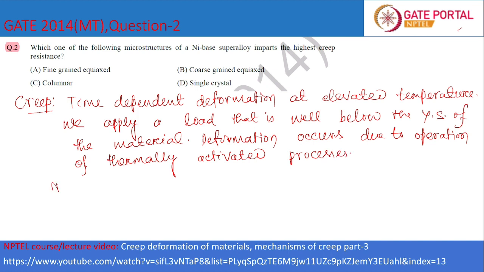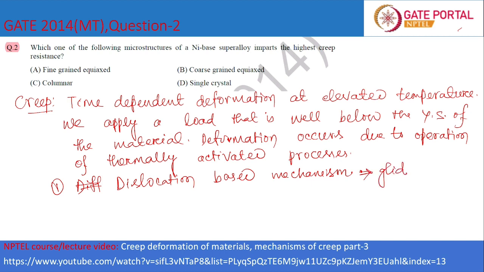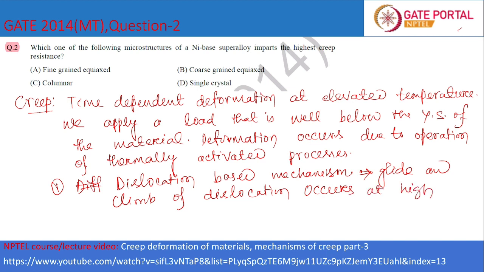For example, one mechanism can be a dislocation based mechanism, where glide and climb of dislocations occurs at high temperatures, which assist the creep process.